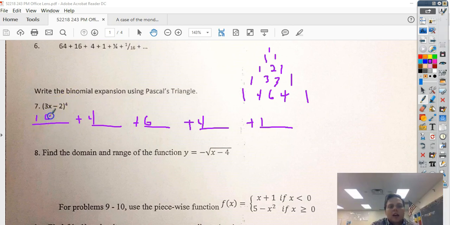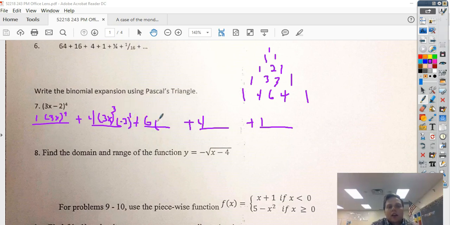So we're going to have 3x being raised to the 4th power. And then what's going to happen next is we're going to keep 3x, but instead of being raised to the 4th power, it's now going to be raised to the 3rd power. I go down by 1 power. And then it's time for me to bring in my second term, the negative 2. So I say negative 2 to the 1st power. So the powers still add up to be 4.